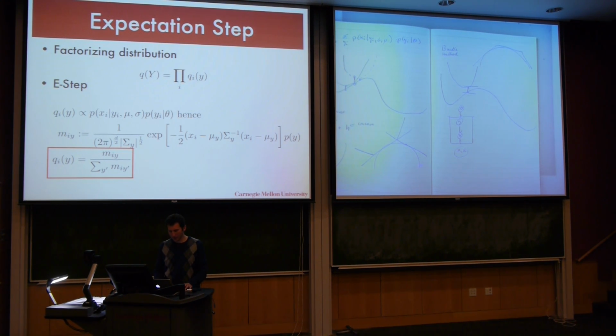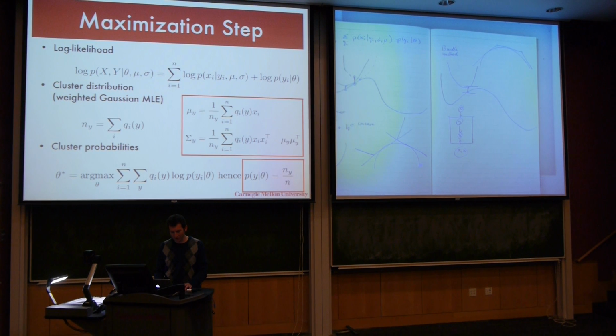And at that point, all I have to do is compute the expectation of the log likelihood with regard to those yi's. So I basically take the average over the contributions of the data to a particular cluster.